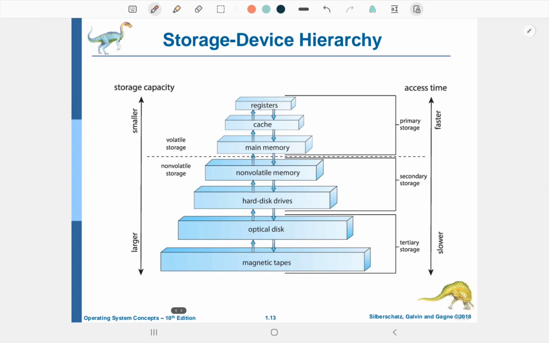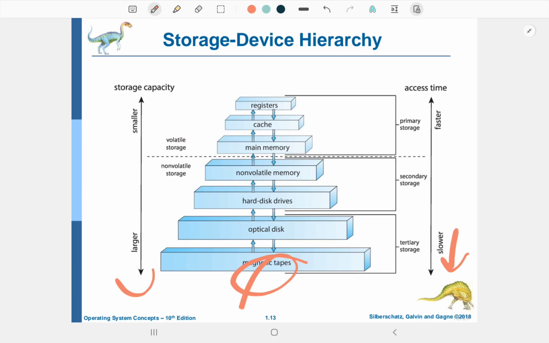So we've already seen this in computer architecture. So we have devices ranging from things like magnetic tapes all the way here in the bottom, which are big in capacity, right, but very slow in terms of access time.